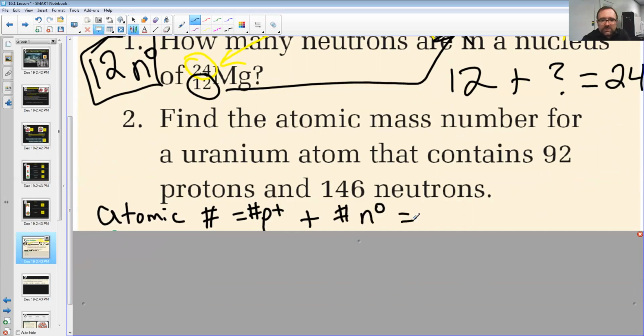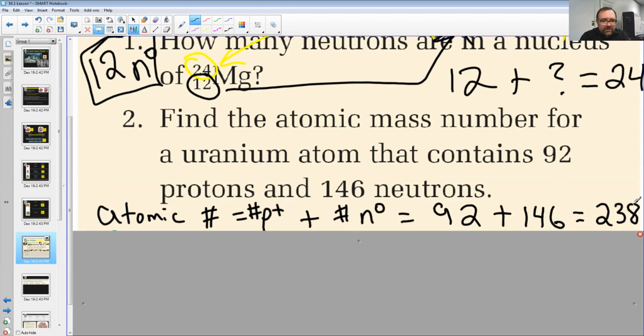So according to this question, it's 92 protons plus 146 neutrons. Add those both together, and if you do your math correctly, you should get 238.